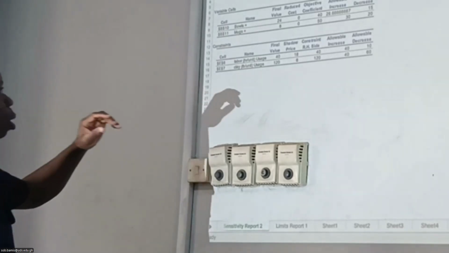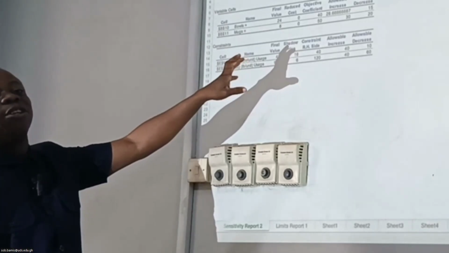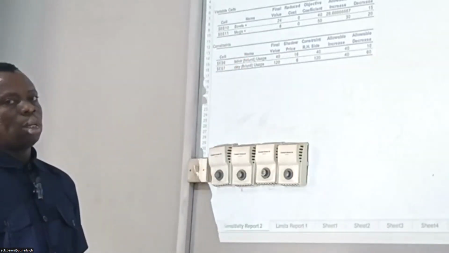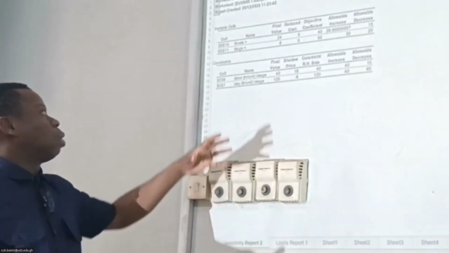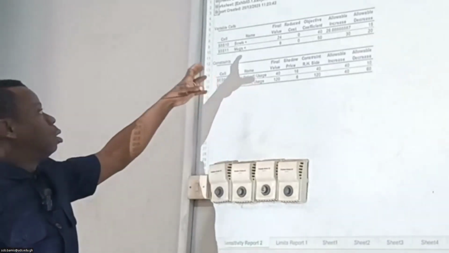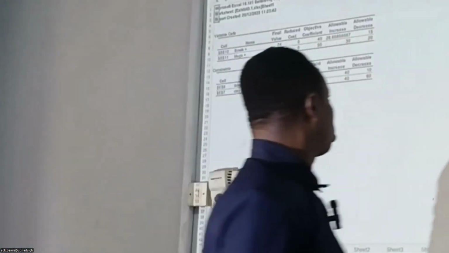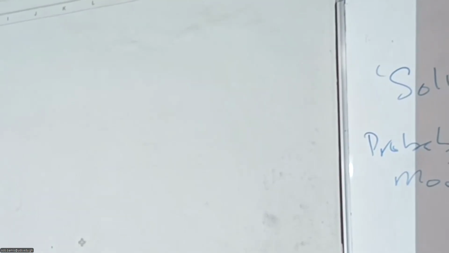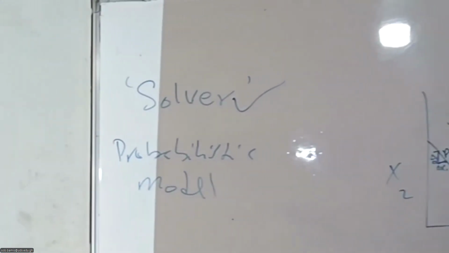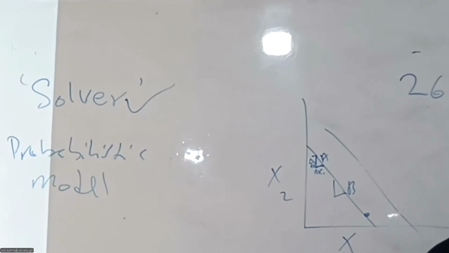Now, given this, you can calculate what we call the sensitivity range. In other words, the range of values of the objective function that will still make the solution remain optimal. So, for instance, we said that the allowable increase is what? 26.67. And the decrease is what?